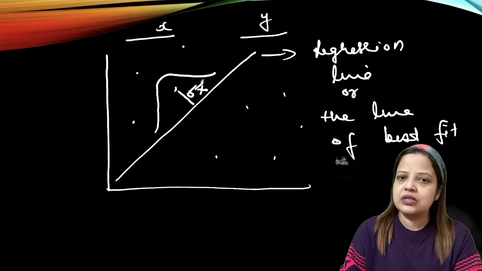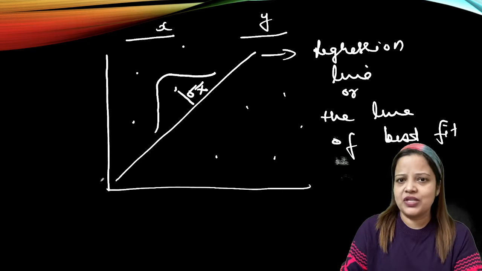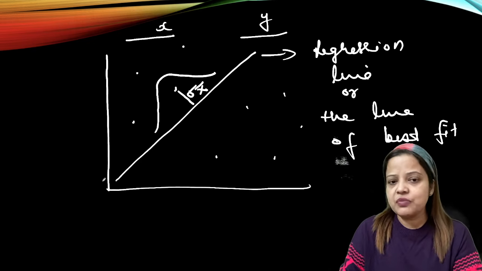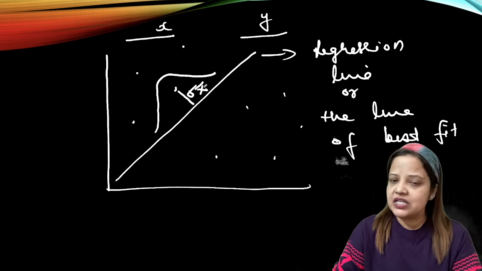We cannot find standard deviation with the help of mode or median. So to find standard deviation, we have to calculate the arithmetic mean first. And after that, we apply the correlation coefficient.